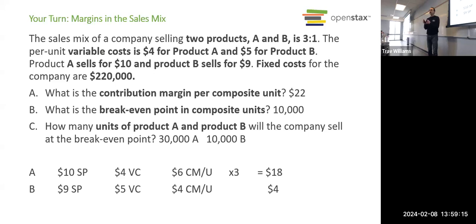So if you had 3 products and the ratio was 3 of this product, 2 of this product, and 1 of that one, and it was 10,000 composite units, then you would need 30,000 of this product, 20,000 of this product, and 10,000 of that one, right? So each product's ratio, you're going to multiply by the number of composite units. Right? Any other questions?